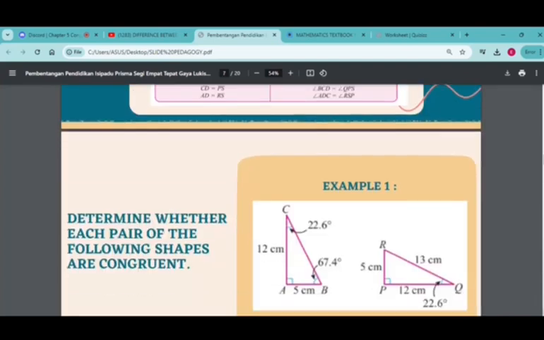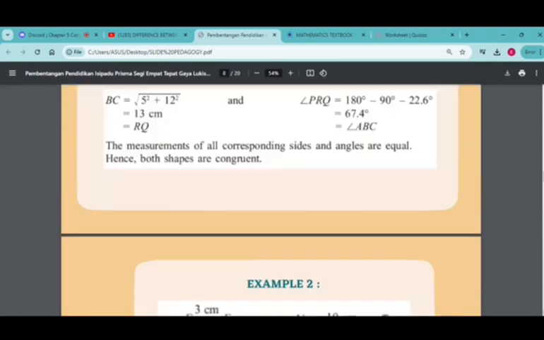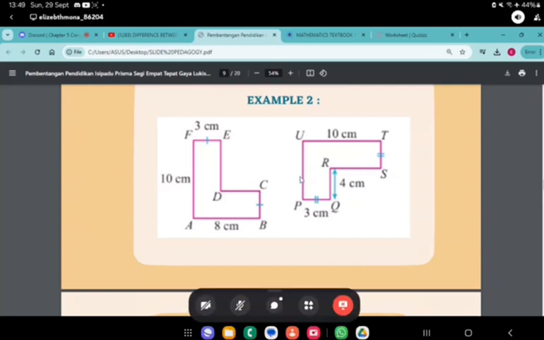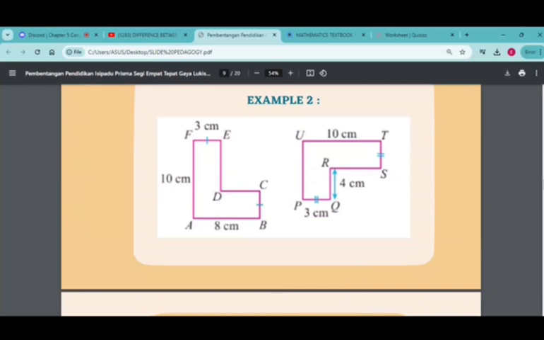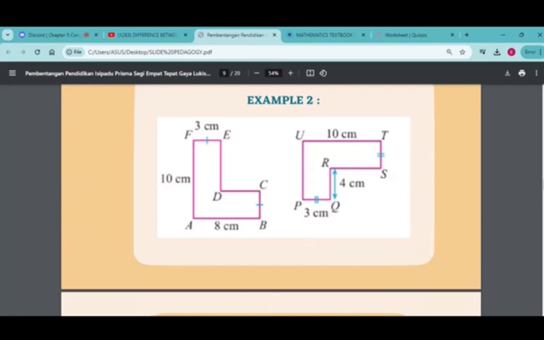The next is example 2. Okay. Elsia, I want to ask a question. Hello, Elsia. Elsia, what can you see at example 2? The reflection?